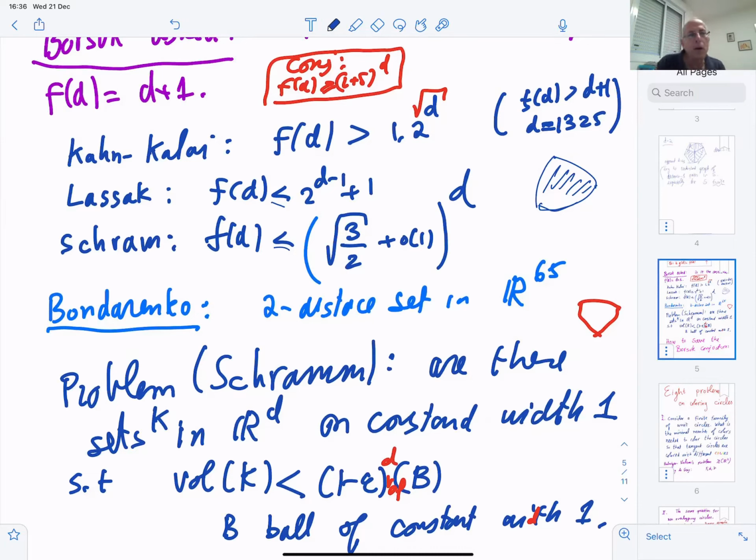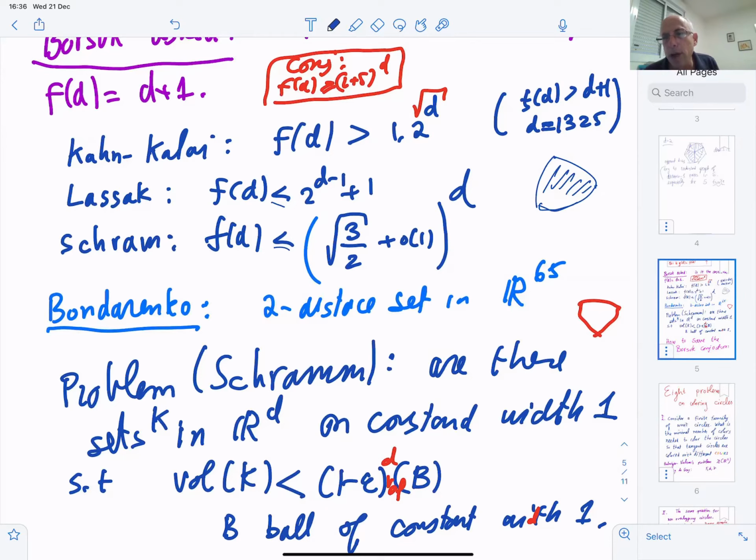In any case, Schramm proved that f(d) is smaller or equal to (square root of 3 divided by square root of 2 + o(1)) to the power d. The way he proved it is first he used the reduction to sets of convex constant width, and then he showed that every set of constant width can be covered by this number of smaller homothets of the same set.